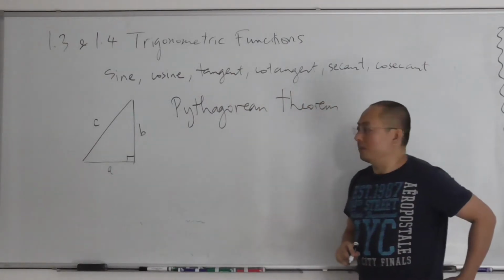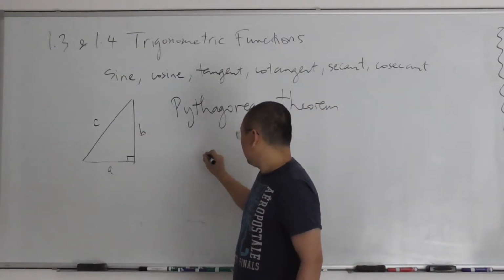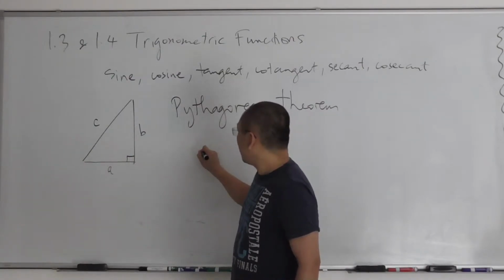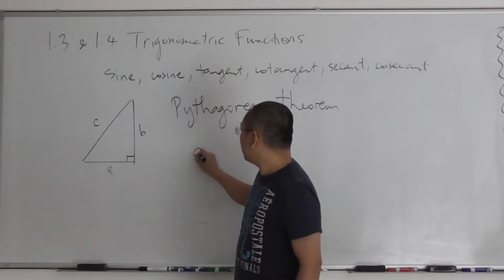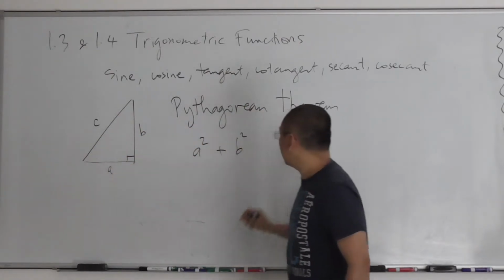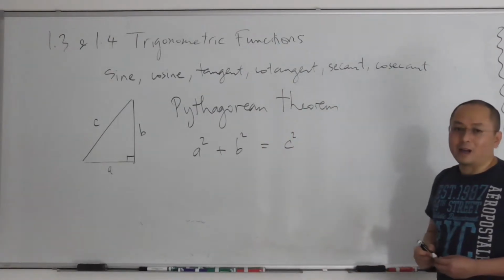The theorem says, if you have a right triangle, then the sum of the squares of the two sides, here a squared plus b squared, is going to be equal to the square of the third side, which is called the hypotenuse.